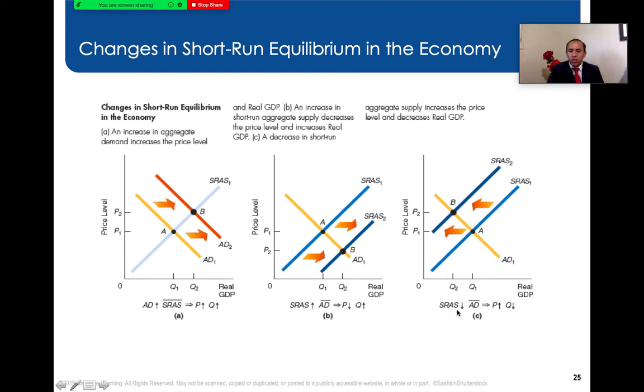The supply of goods and services declining is getting closer to zero. When there is a decline in the aggregate supply of goods and services, and you have the aggregate demand curve there, notice what's happening to the price level. What's going up here is the price level, from point A to point B. We have a higher price, a higher equilibrium price level, with fewer units of real GDP.